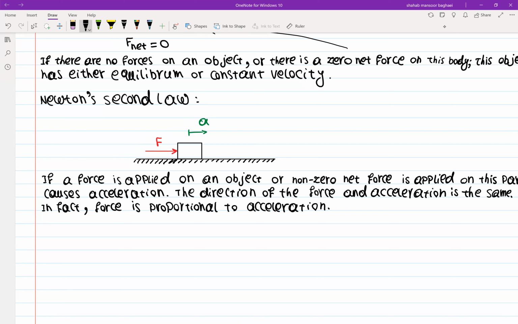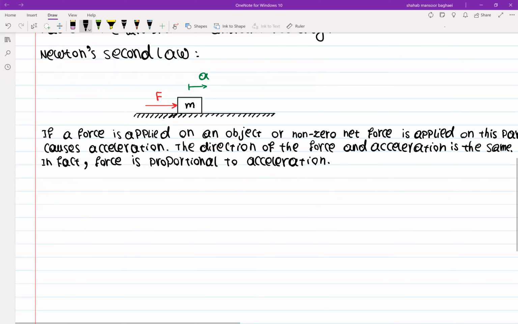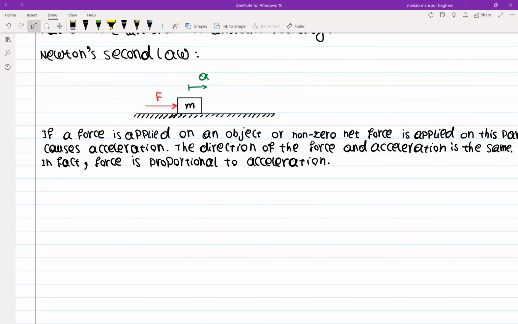Imagine the mass of the block is m. Newton discovered this law based on many experiments. He figured out that the force was proportional to acceleration.